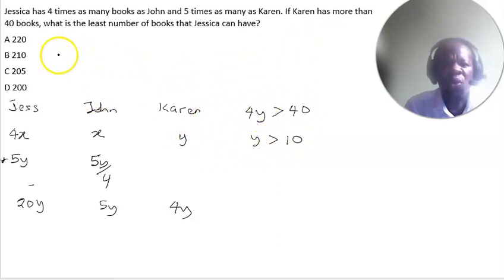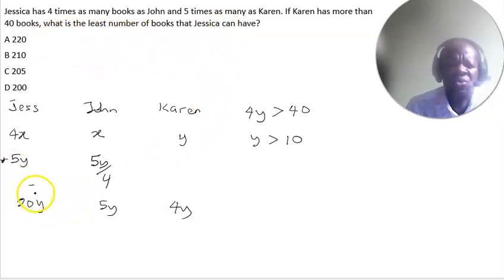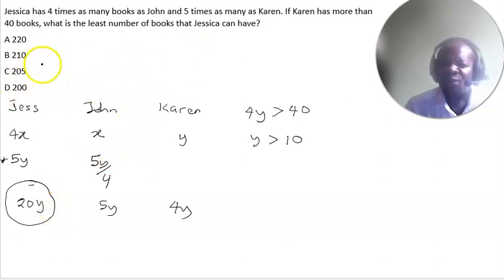Okay, so let's continue. What is the least number of books that Jessica can have? Now they're asking us the least number of books Jessica can have. Now we know that Jessica has 20y books. Now from this information, we have an idea of what cannot be the answer. The number of books Jessica has to be a multiple of 20.